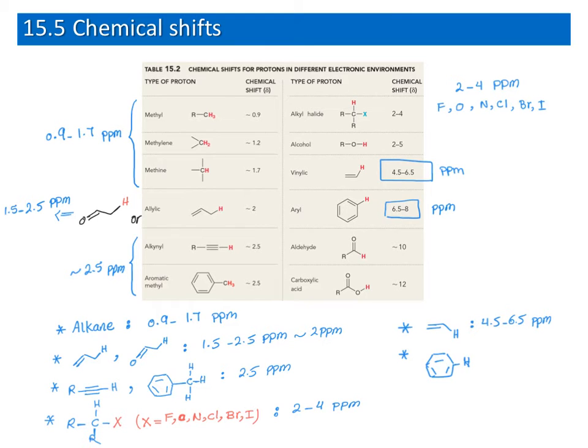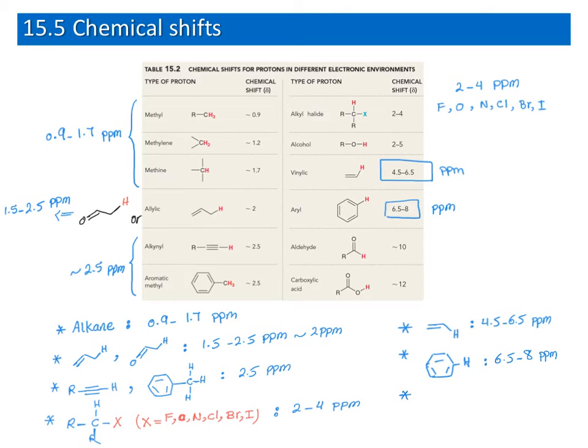So be very careful not to confuse this hydrogen with these hydrogens. This hydrogen is directly connected to the ring, but these ones are connected to the carbon, which is connected to the ring. So be very careful not to confuse them. We expect to see them between 6.5 to 8 ppm.